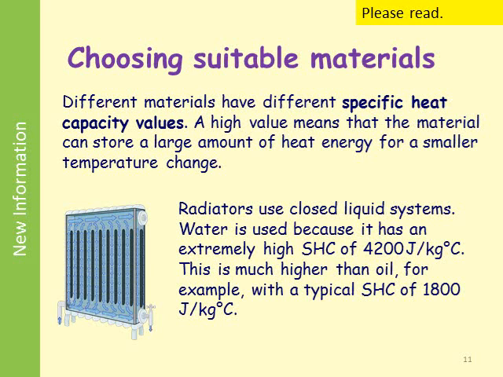You can get oil in radiators, but usually it is water. In reverse, materials with low specific heat capacity tend to be metals. So that means that they don't need much heat energy to raise the temperature. And so, for example, saucepans are made of metal.